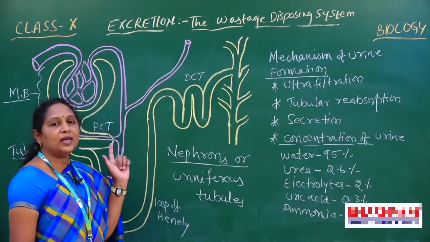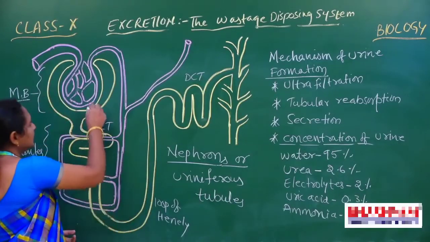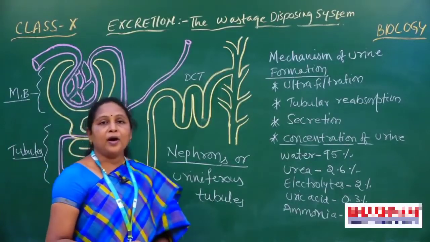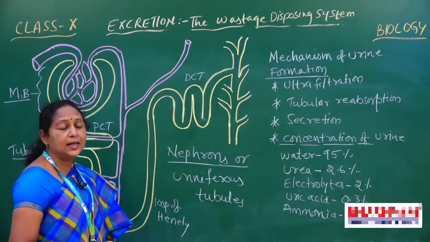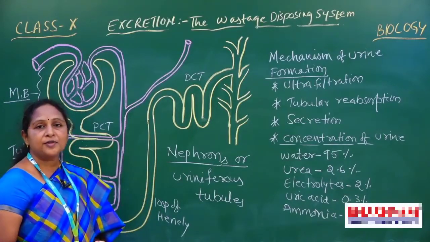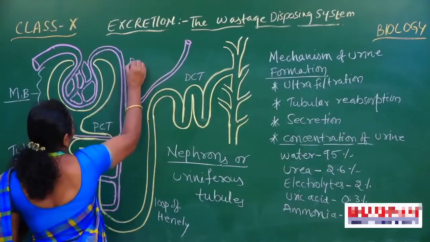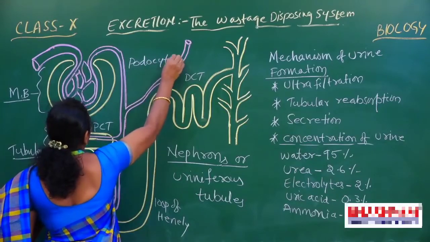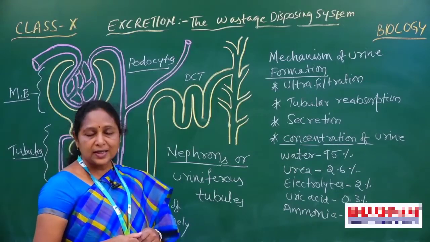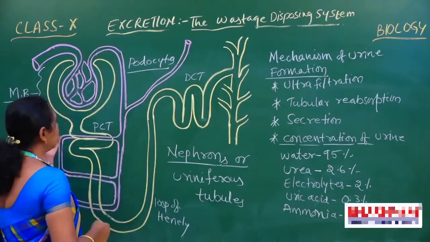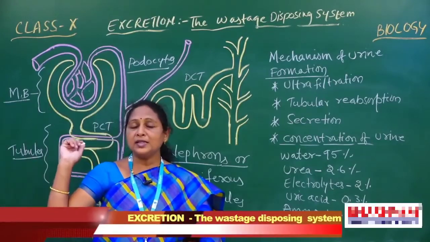This network of blood vessels we call the glomerulus. In the previous class I said the glomerulus is made of three types of cells only: endothelium cells, basement cells, and a special type of squamous epithelial cells called podocytes. These three types of cells help to filter the blood in the Bowman's capsule.